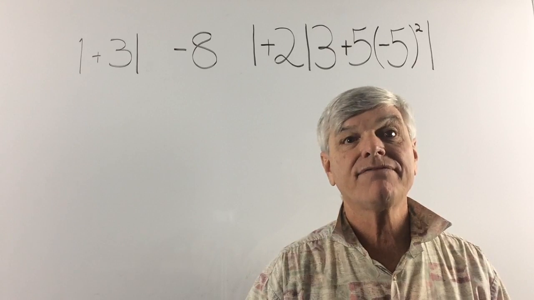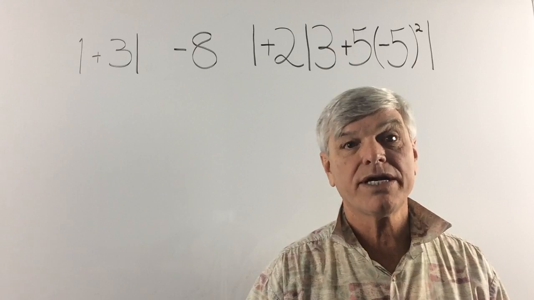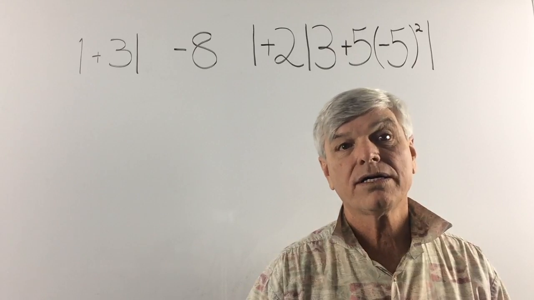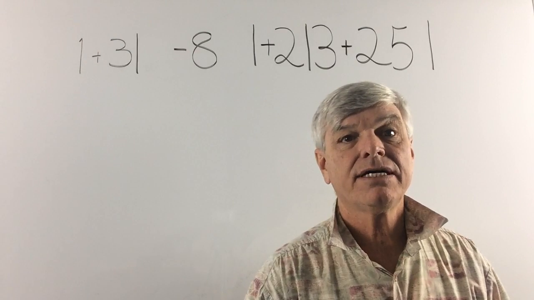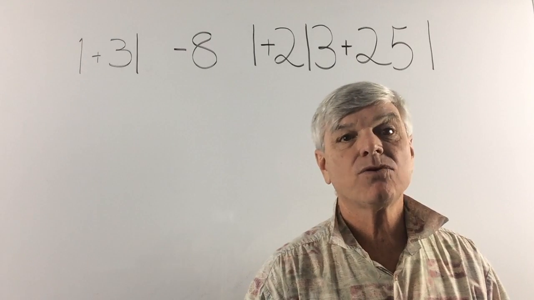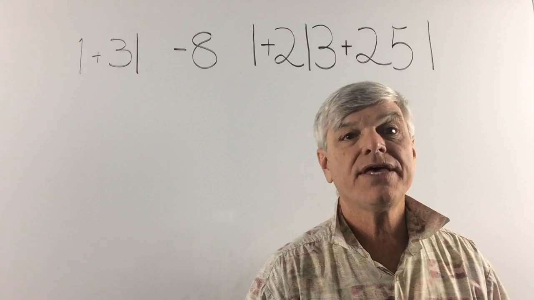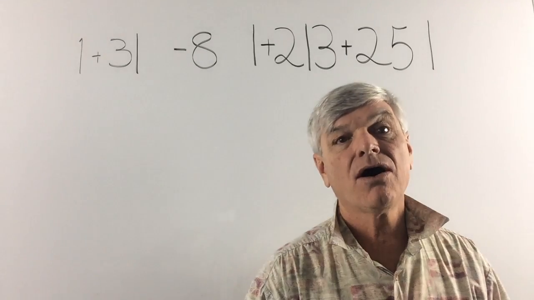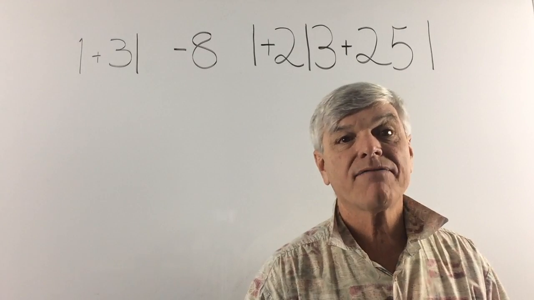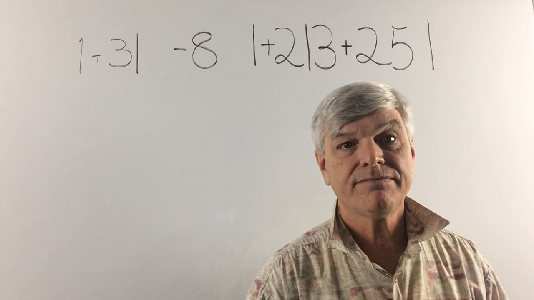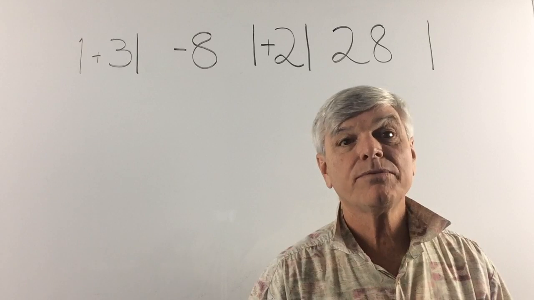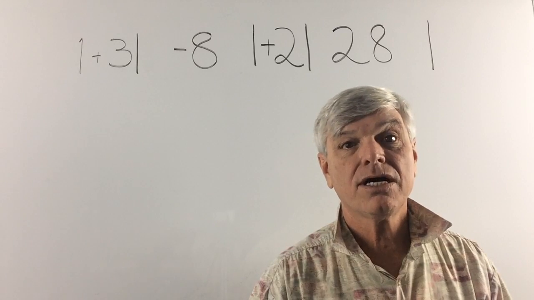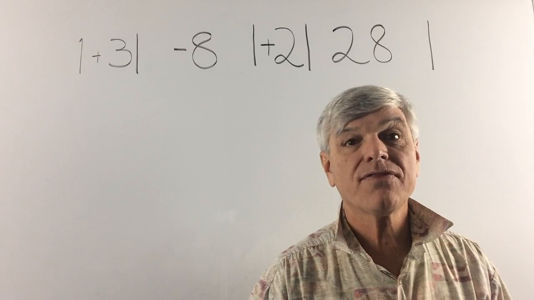Now negative 5 times negative 5 is positive 25. Or you could say 5 times 5 and negative times negative. Either way you get positive 25. So within the absolute value bars on the right-hand side, we have 3 plus 25. And that is 28. Now let's remove the absolute value bars by turning them into parentheses.